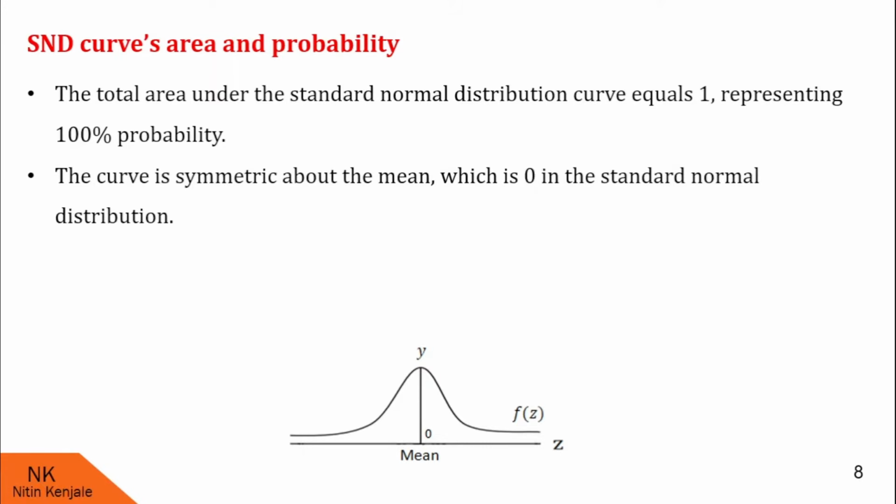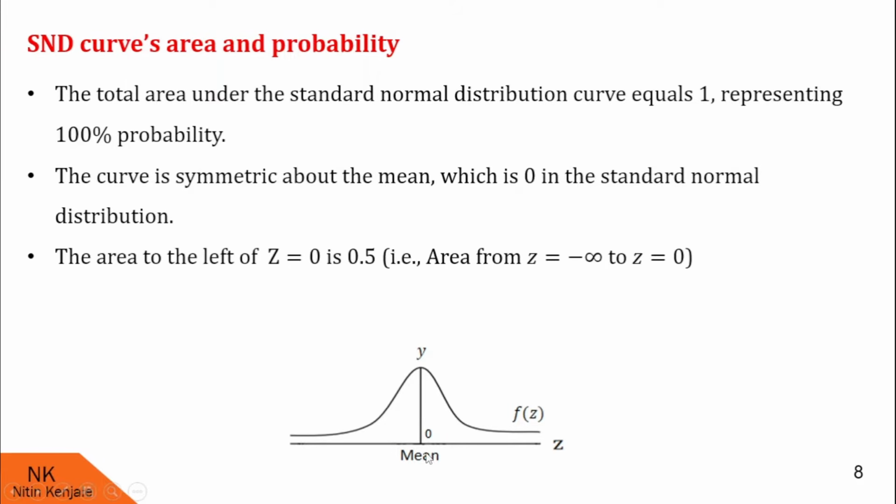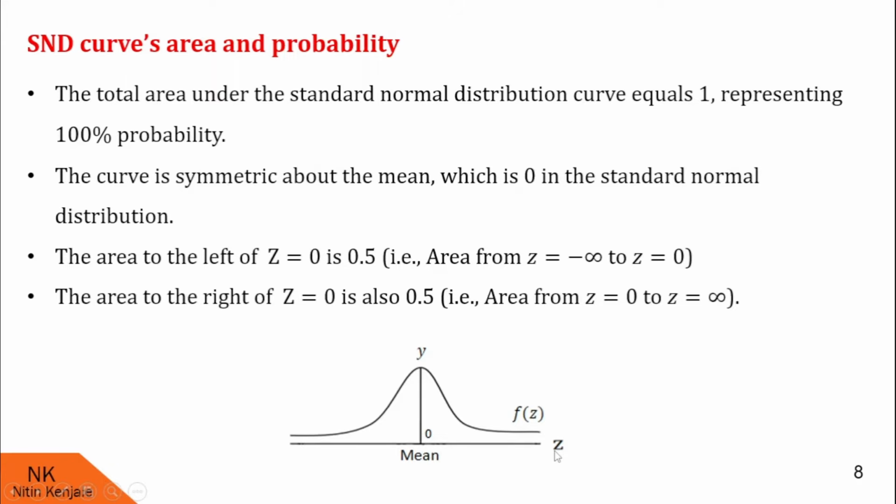This curve is symmetric about the mean, which is 0 here. The area to the left of z equal to 0 is always equal to 0.5. And why so? Because the area covered under this curve is 1 and this curve is symmetric at z equal to 0. Therefore, its area to the left of z equal to 0 is equal to 0.5. Similarly, its area to the right of z equal to 0 is also equal to 0.5.